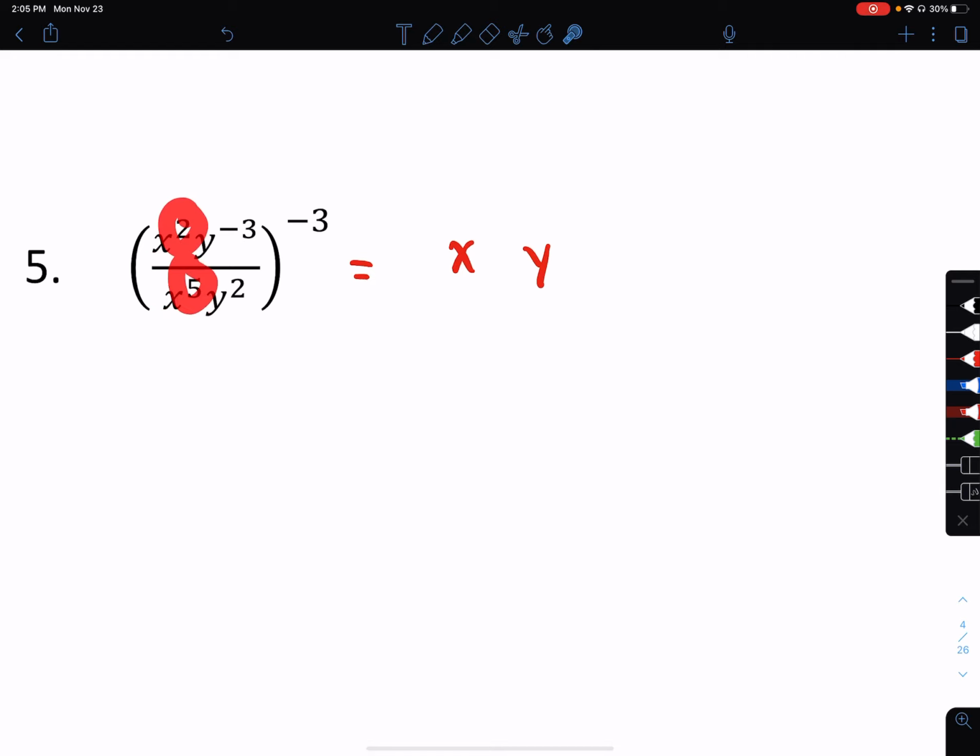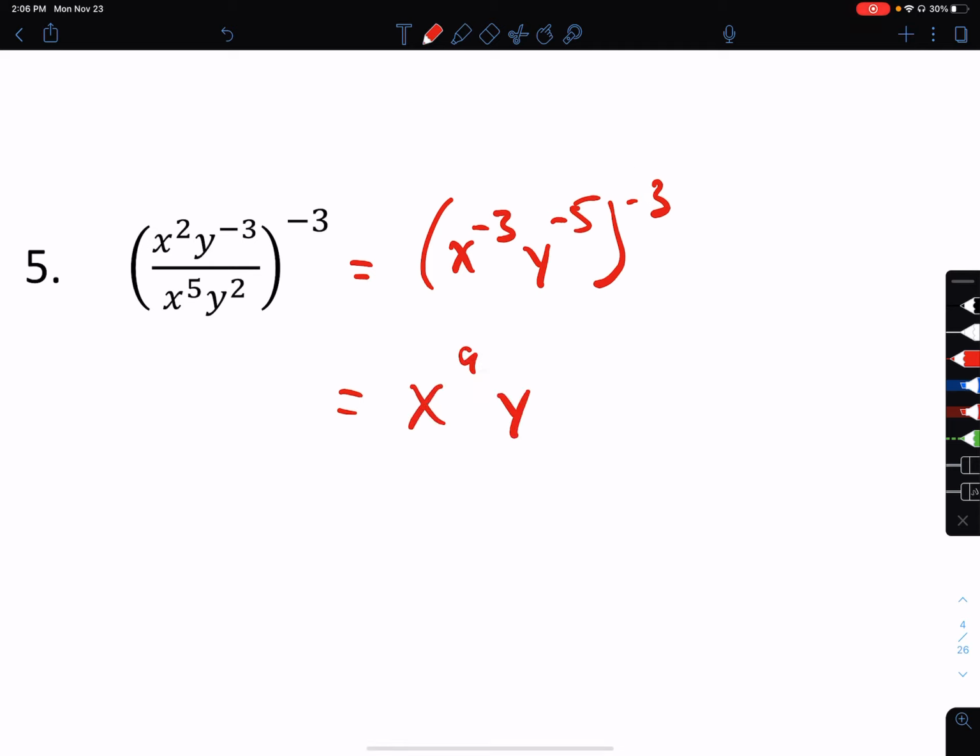Top exponent minus bottom exponent, 2 minus 5 is negative 3. Here we got y to the negative 3 over y squared, so we take negative 3 minus 2, which is y to the negative fifth. Then if you want to use the power to a power property, we're going to have y to the ninth, x to the ninth and y to the 15th. And that's as simple as we could make it.